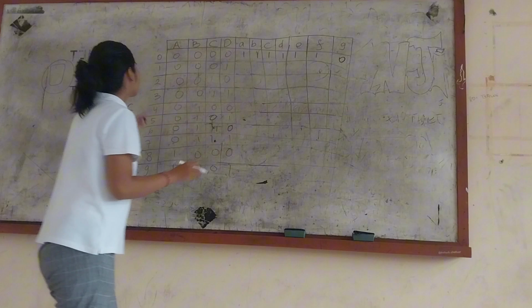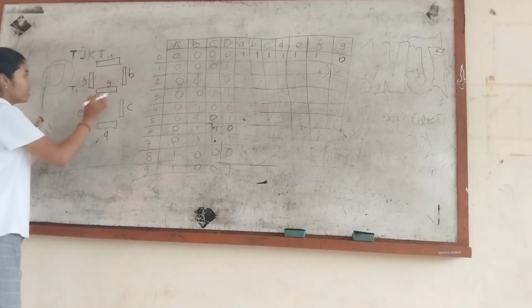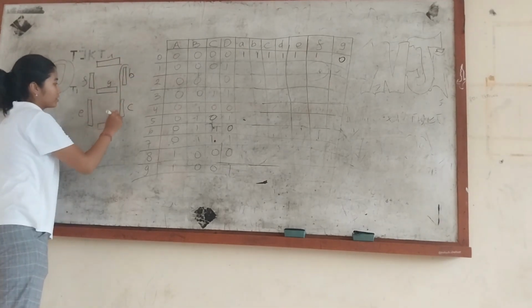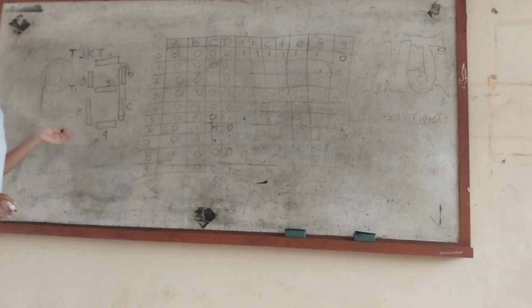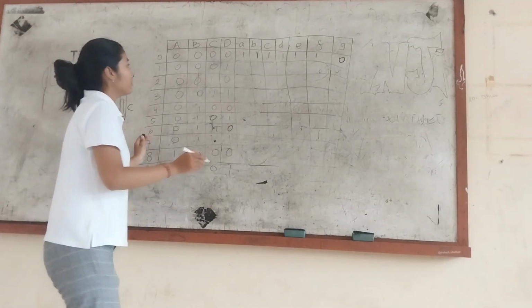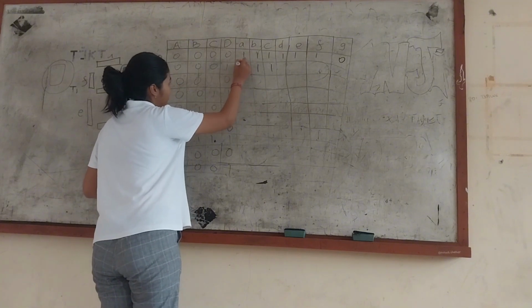How about making one in the seven segment? We make one like this. We just need B and C to stay alive, and the others die. So B and C have value one, and the others are zero.